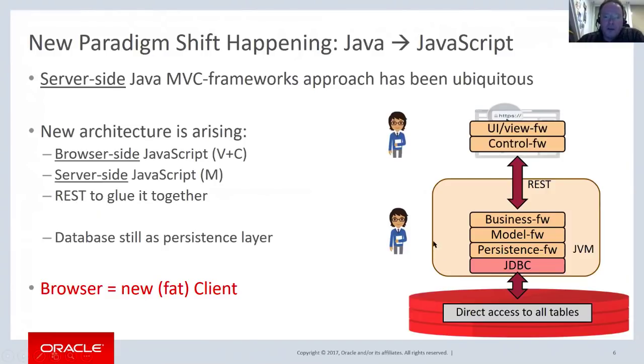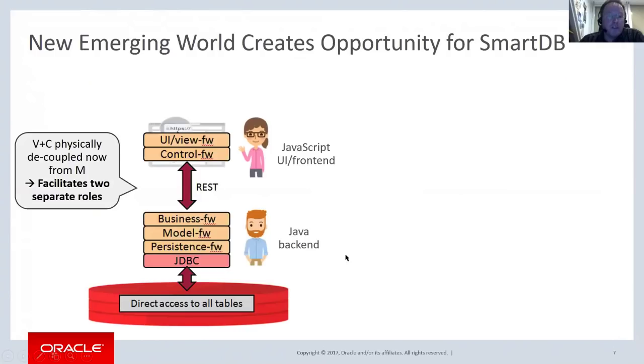Yeah, so what this has enabled is, and I depicted that with these two little persons here that I animated, that you can now also have two separate roles. One developer can be much more focused on creating the user interface of your application, whereas the other developer can be much more focused on implementing the back-end services of your application that are required to make the user interface work.